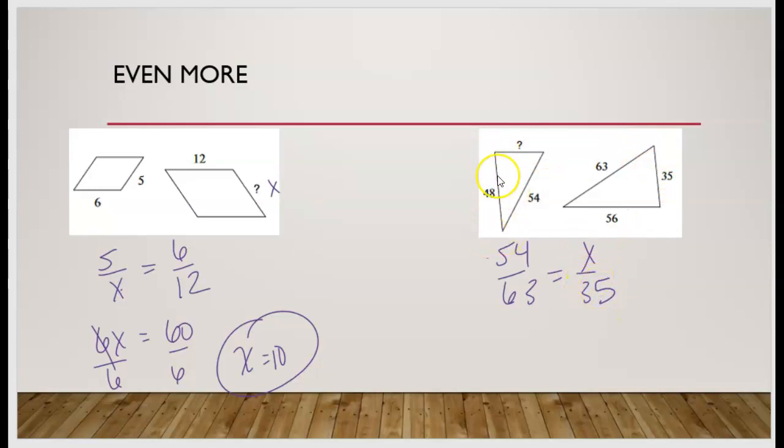And then you could do 48 over 56. Because you can redraw this if you want, to kind of see the parts that match up. And then we just cross multiply. These are some big numbers. 54 times 35 is 1890, and we'll divide by 63. X is 30. That's nice.